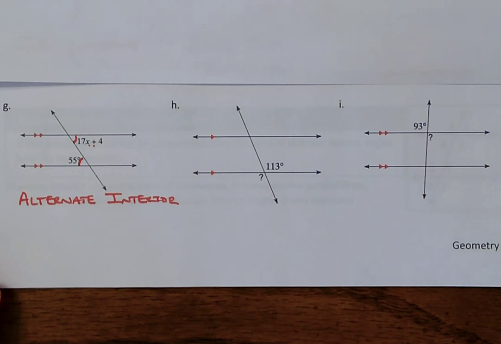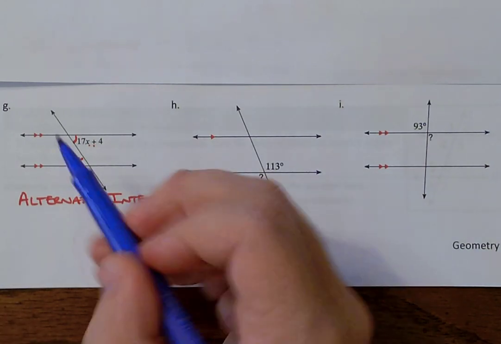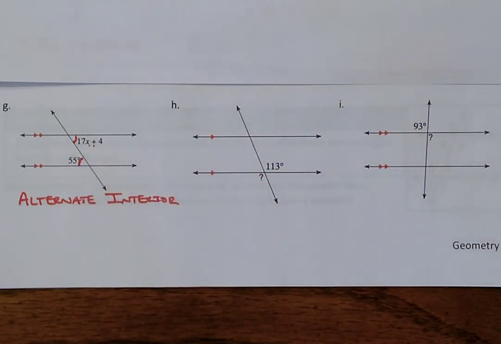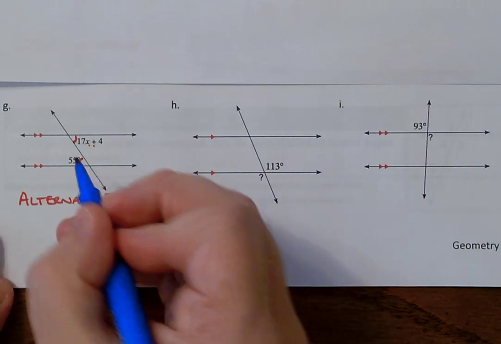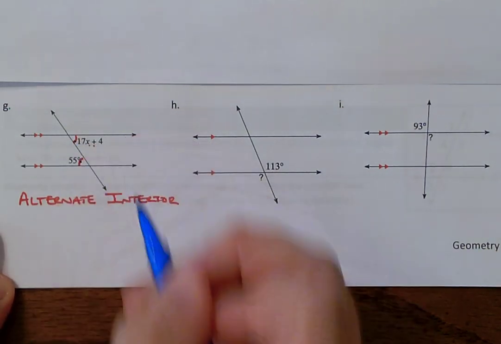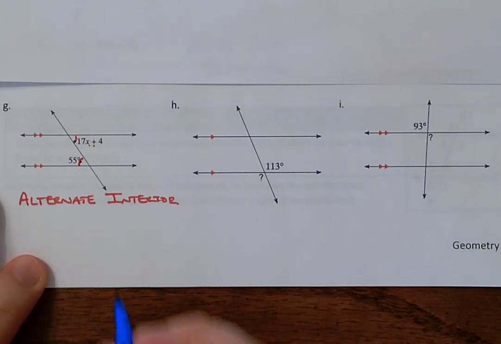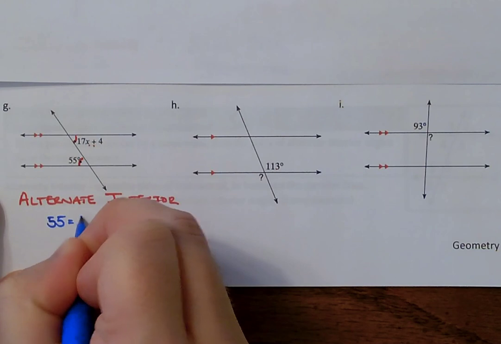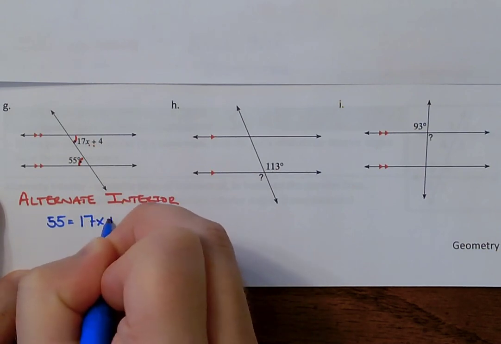Because I have alternate interior angles, the thing that I know about the measure of these two angles is that they are congruent to each other. If they're congruent to each other, that means they are equal to each other. So that means I can set 55 equal to this 17x plus 4. So we can have it as 55 equals 17x plus 4.